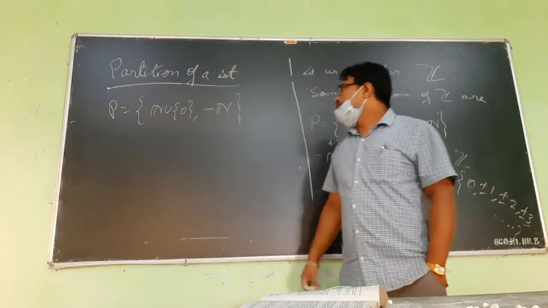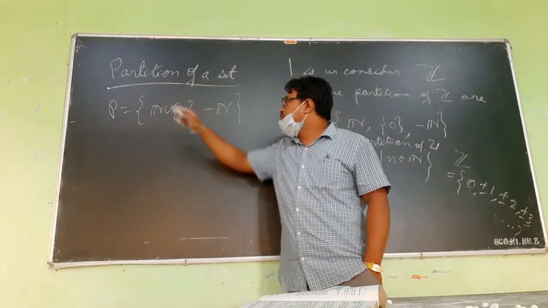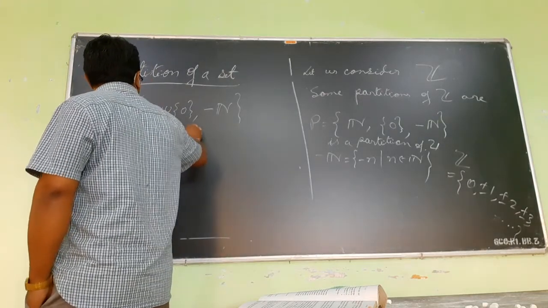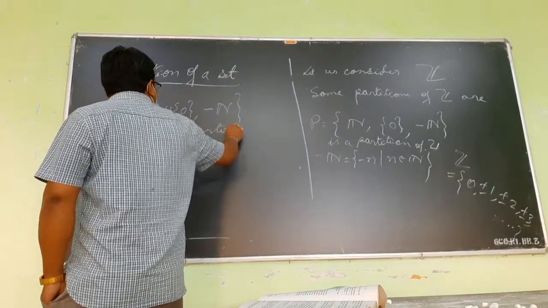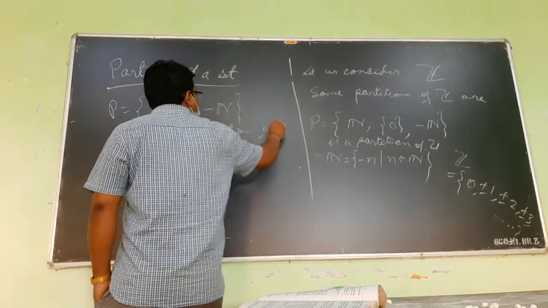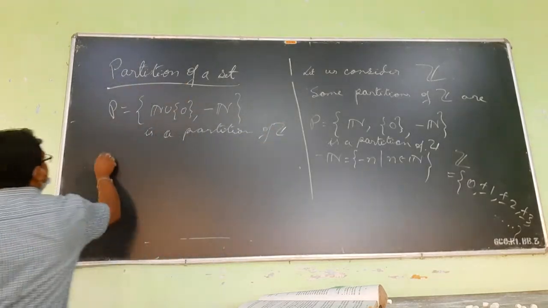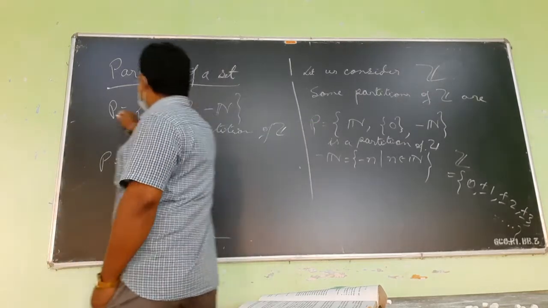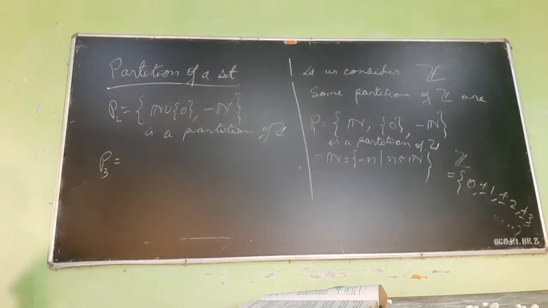Here zero is included with this. Another partition. So this is P1, this is P2, this is P3. Another partition.